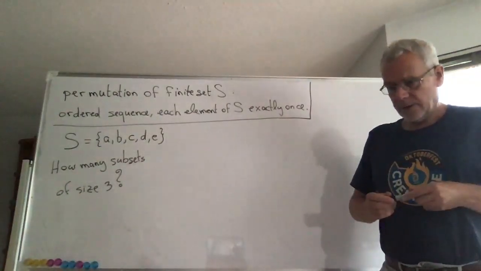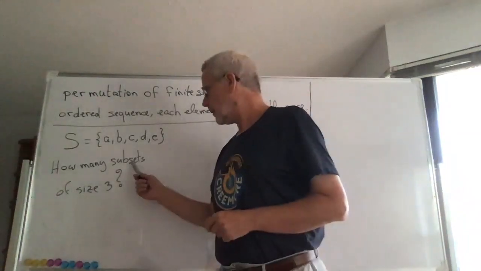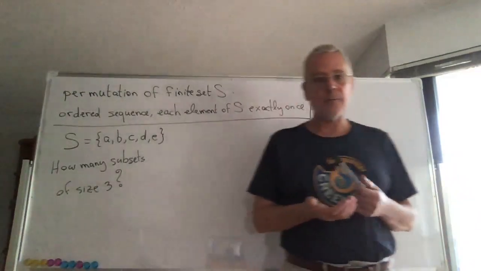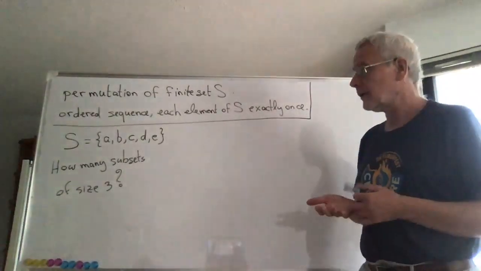Okay, so we want to choose subsets of size 3. Notice here I'm talking about subsets, and in a set the order of the elements doesn't matter.